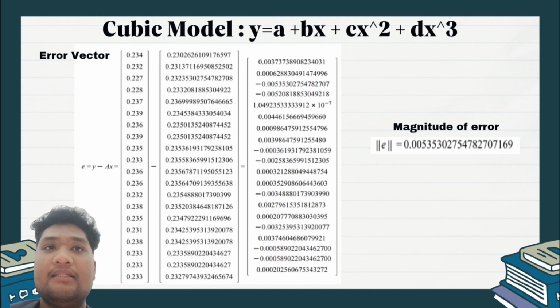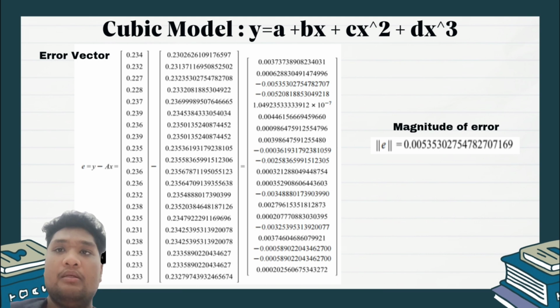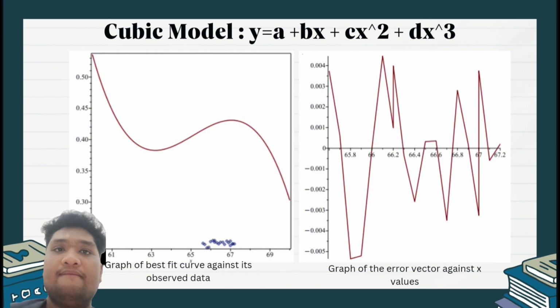Then we find the error vector using the formula E equals y minus Ax. From the values that we get, we can find the magnitude of error, which is 0.0053530274782707169. There are two graphs here, which are the graph of the best fit curve and the graph of the error vector.